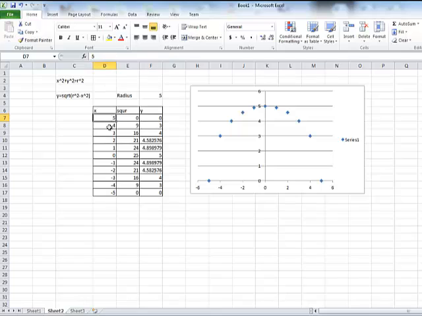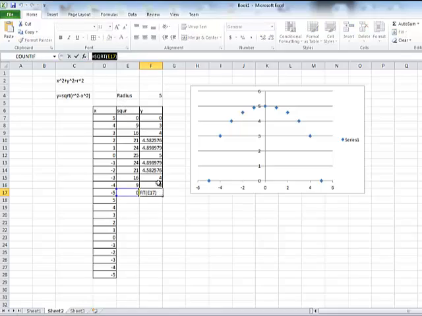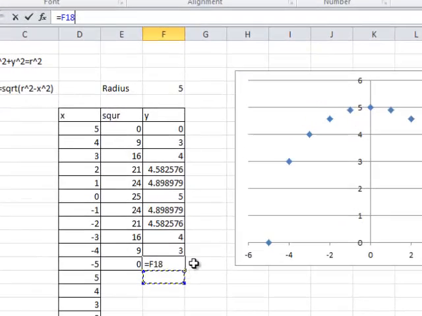So what we do again is we simply copy these, copy our x's, drag them down and paste by holding control when you let go. And then we want to copy this, fill down.